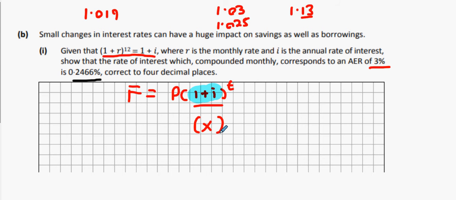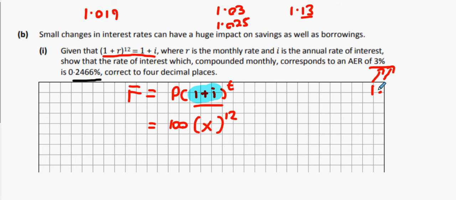Now, next thing is pick a sum of money, any sum of money. I'm going to pick 100 euro because it's easy. I invest 100 euro, so my P value will be 100. Everybody cool with that? If I do it monthly, how many times am I going to increase it? 12. Okay? Now, what they say is when I do this, it has to be the same amount as if I increased it once by 3%.